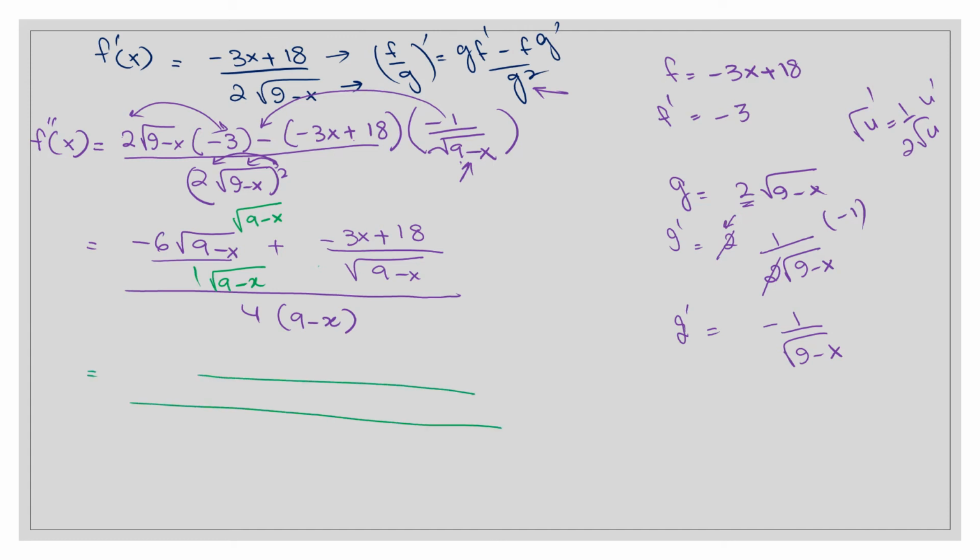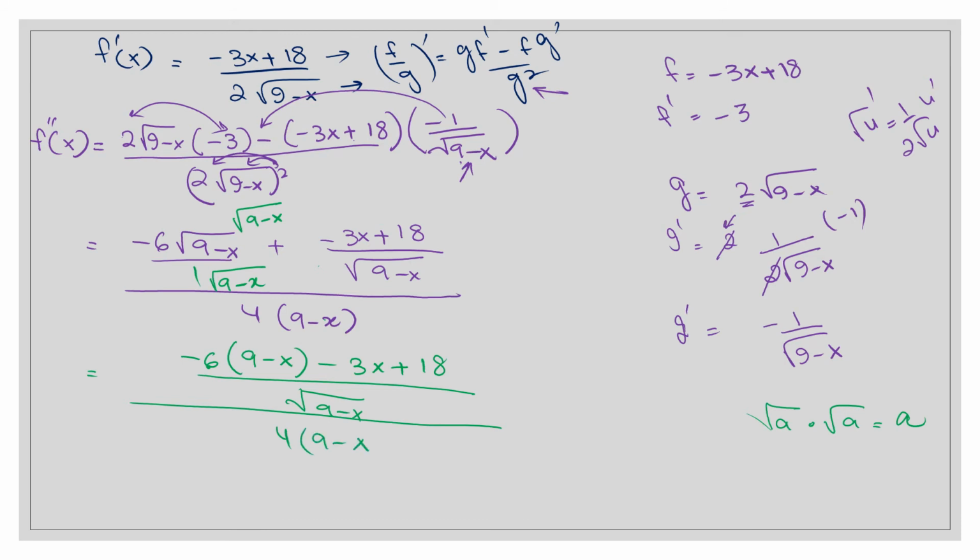So you will get square root of 9 minus x, and now you know the concept, we wrote it before also, that square root of a times square root of a gives you only a. So you will have negative 6, and square root of 9 minus x times square root of 9 minus x will give us only 9 minus x, and here we will have negative 3x plus 18, and the whole upon 4 times 9 minus x.